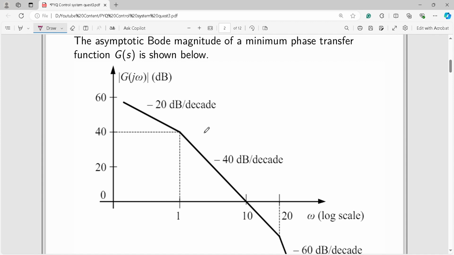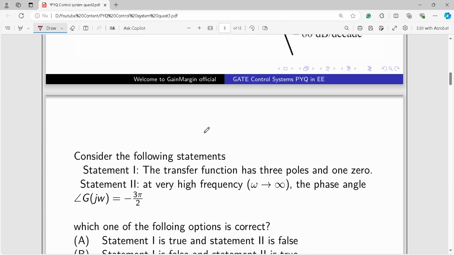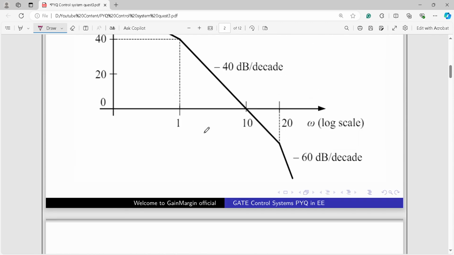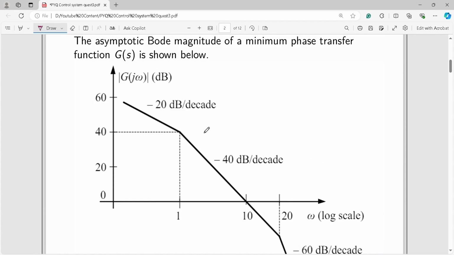All right. The first statement says: the transfer function has three poles and one zero. We need to tell how many poles and zeros there are from this Bode plot, I mean the magnitude plot.